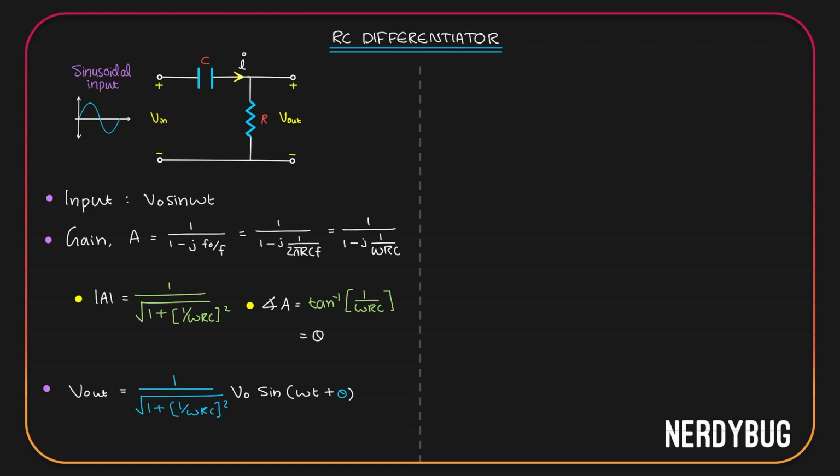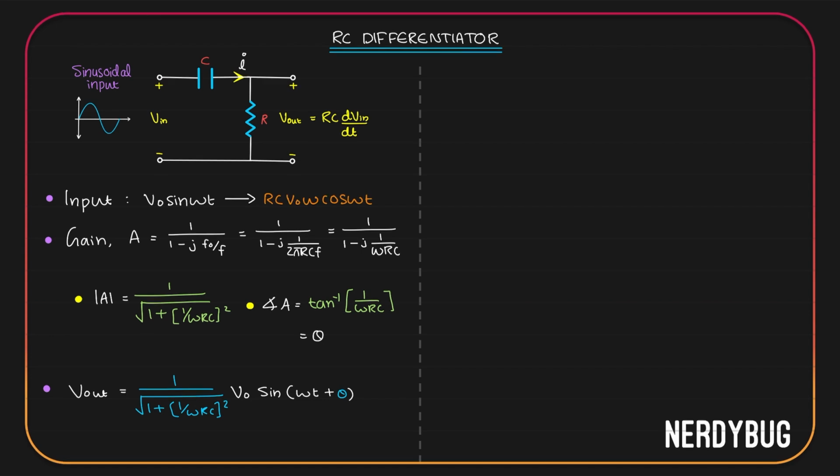We want our circuit to be a differentiator. And we just learned for a differentiator, the output is equal to RC multiplied by derivative of the input. Here we have taken V naught sine omega t as the input. So the output should be RC multiplied by derivative of the input, that is V naught omega cos omega t.